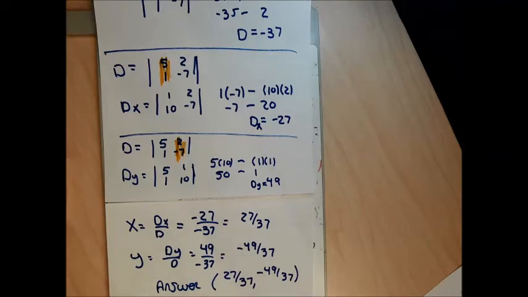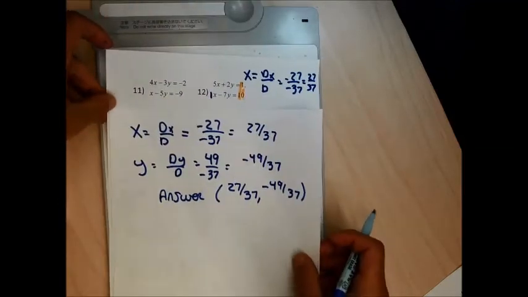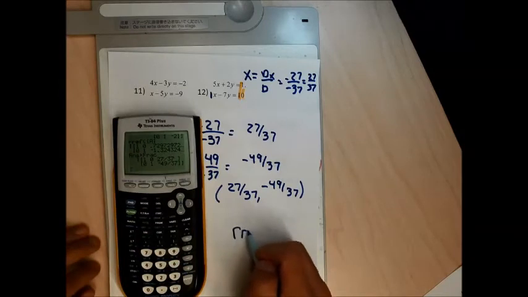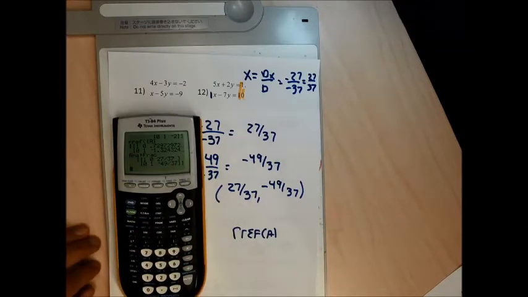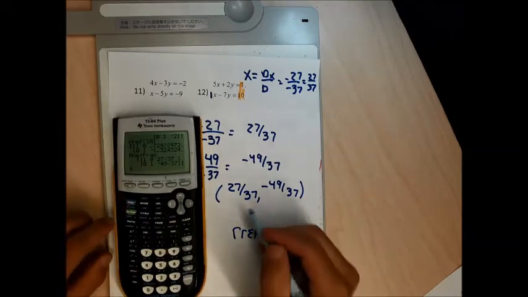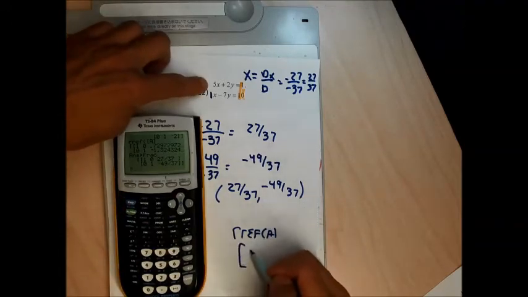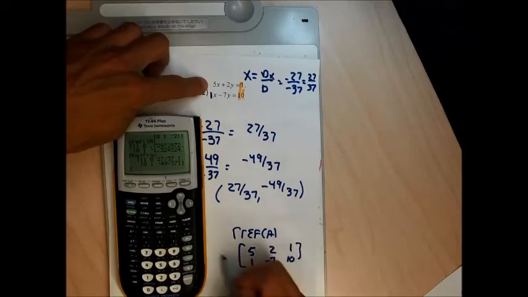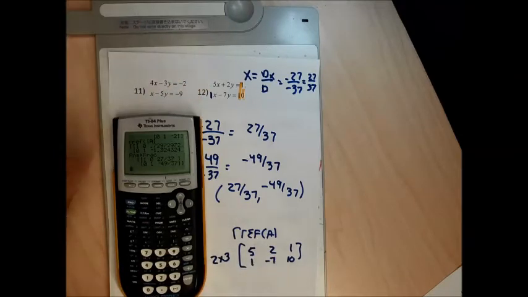Let me do that checking by hand. So I'm done. I've done all the work that I need to do, but the work that I can do is check on my calculator by using RREF. RREF is the best way to check to see if you have the correct solution to a system of linear equations. To do that checking, and it's optional, I would enter the matrix 5, 2, 1, 1, negative 7, 10 as a 2 by 3 matrix and do RREF, which I did.